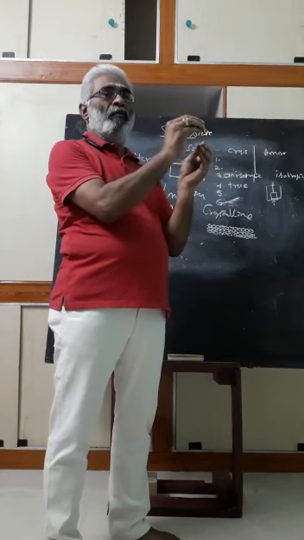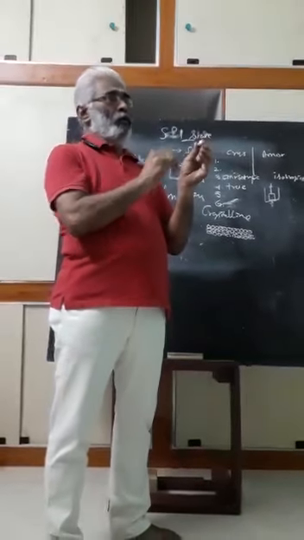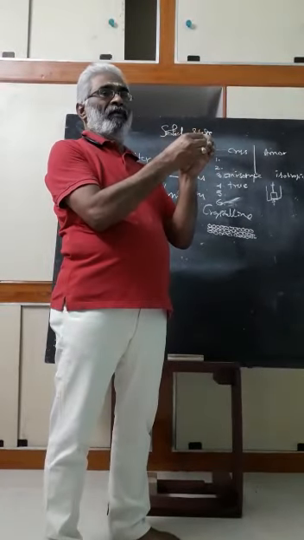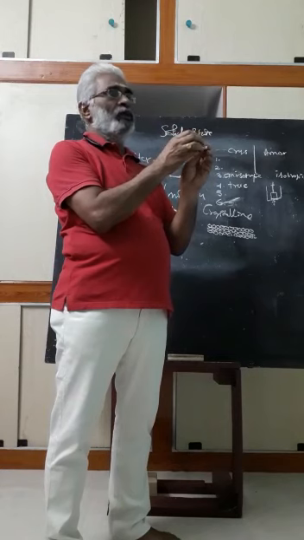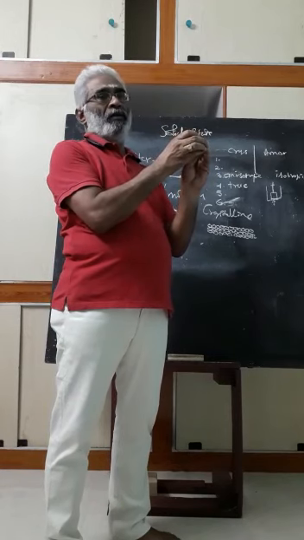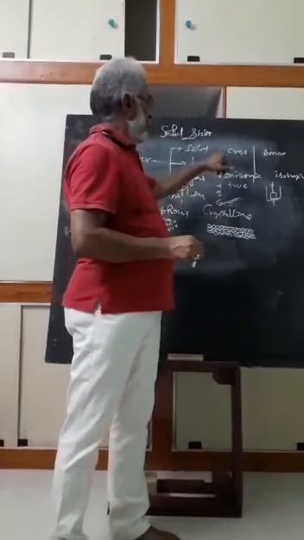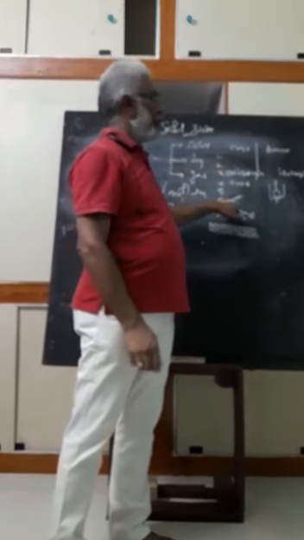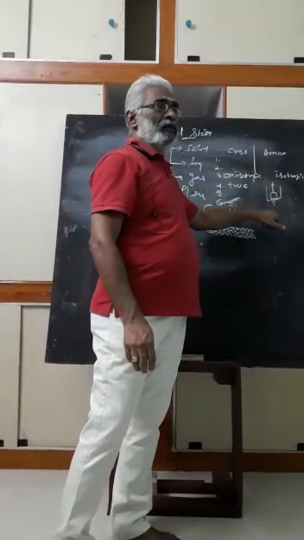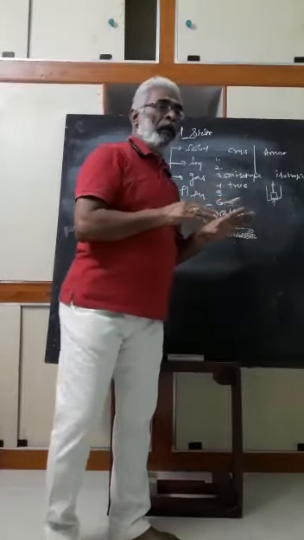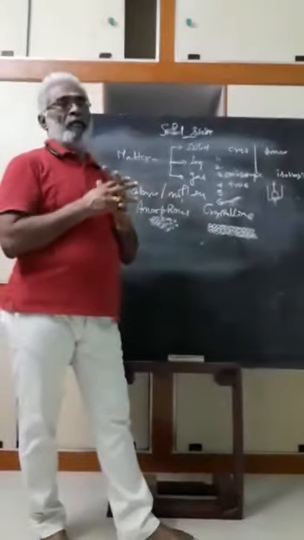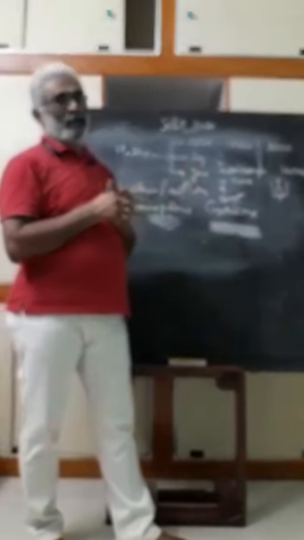It doesn't stop anywhere. For complete melting of the piece of glass, it takes a temperature range. So it does not possess a sharp melting point. So crystalline solids possess a sharp melting point and amorphous solids do not. This is an important characteristic.